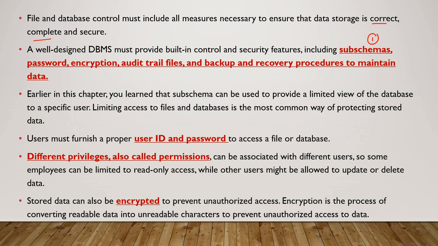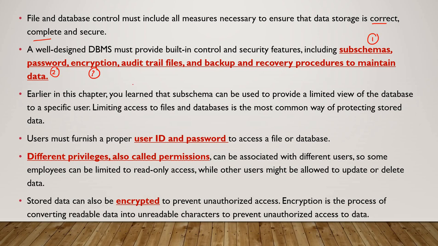Mungkin dah tak ingat sebab sub-schema berada di dalam video explanation part A dalam chapter 6 and the explanation of that part sebelum cuti gawai. Now kita dah seminggu, mungkin dah lupa. Right? And then we have the password. Ini biasalah. We have the encryption.